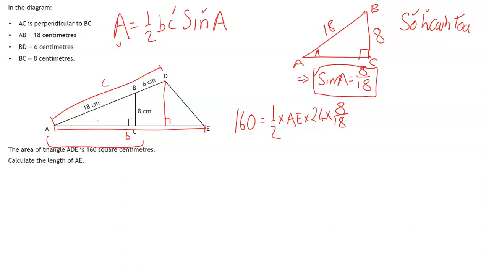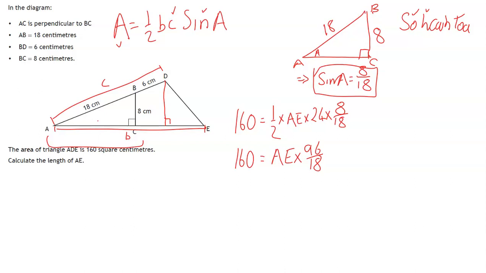If I simplify this right-hand side, what I'll end up getting is that 160 equals AE times, well, if I have a half of 24, that's 12. I've then got 8 12s, which is 96. So I'll end up with 96 over 18. So if I were to take that and manipulate it and move it around to get rid of this fraction, so remember 96 over 18 means times 96 divided by 18.